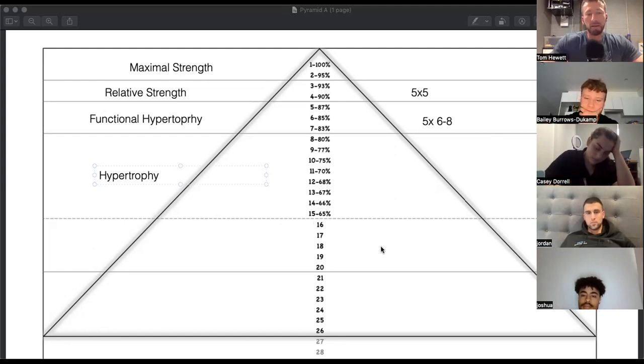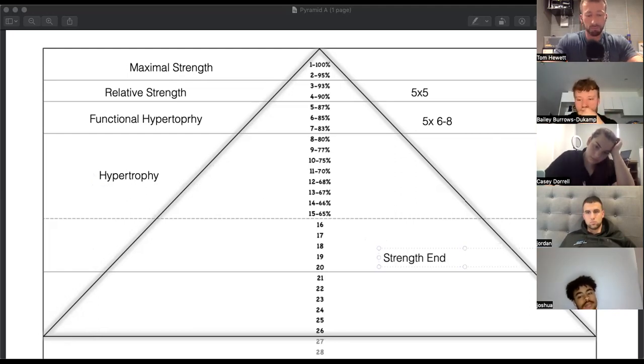And then in the textbook definition, the next bracket from sort of 15 to 30, they call that strength endurance. But I don't really think of these reps as strength endurance.